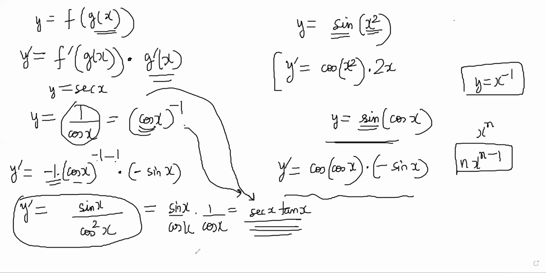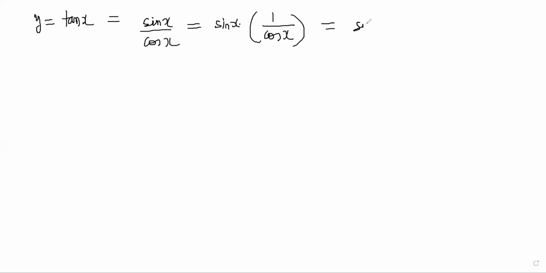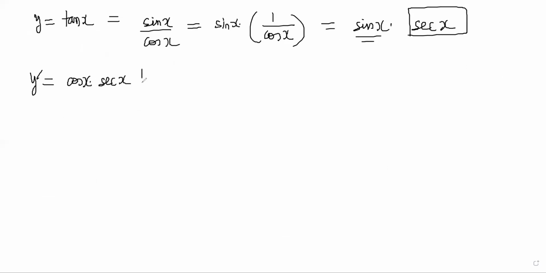So my original question was, if y is equal to tan x, how to do it? Now we can do it because it is sin x by cos x, which is sin x into 1 by cos x. So it is a product of two functions, sin x and sec x. Now I can do it very easily because I know the derivative of sec x. Differentiation of sin x is cos x, into sec x, plus keep the sin x as it is and differentiate this, which we know is sec x tan x.